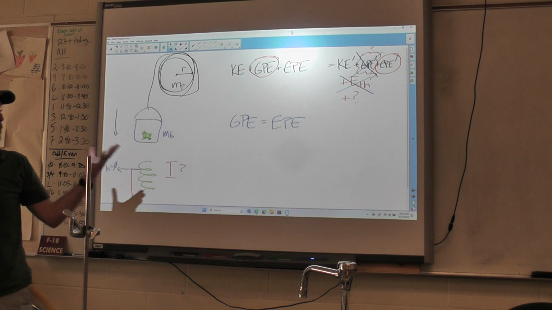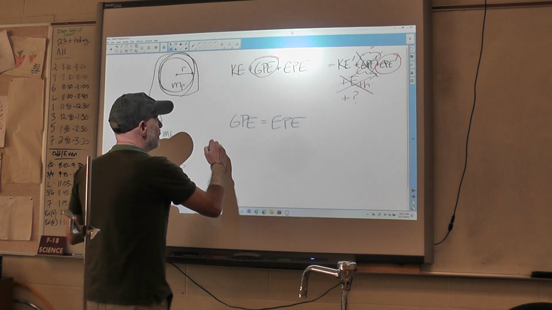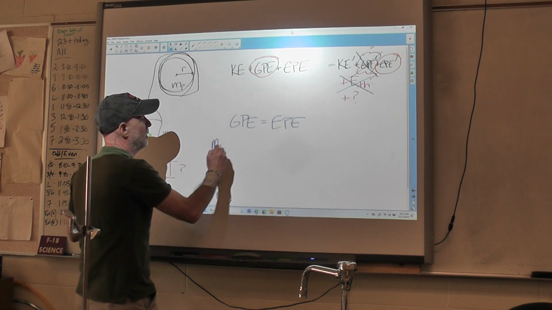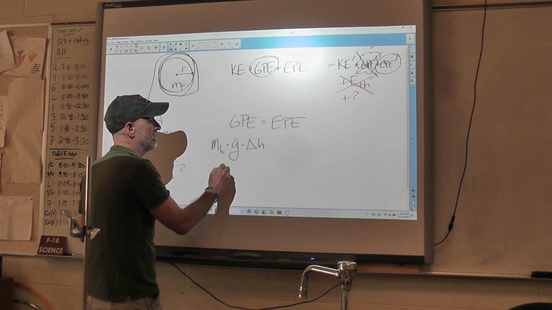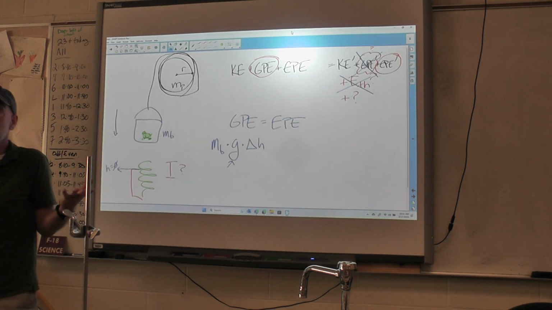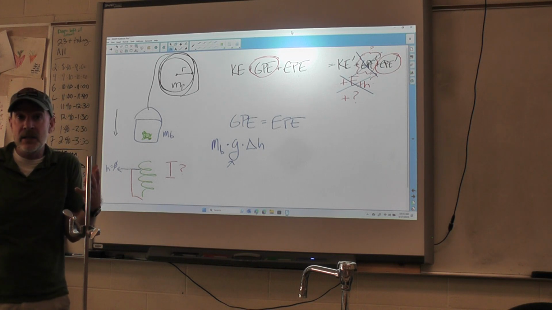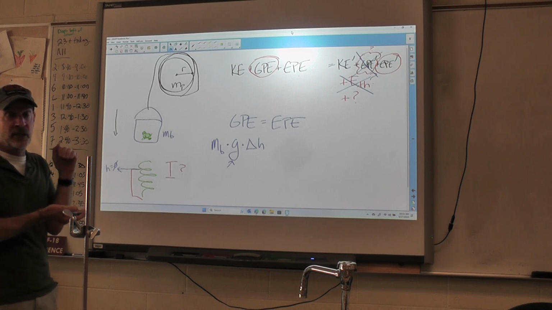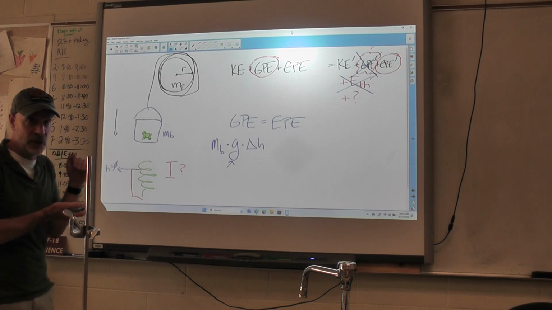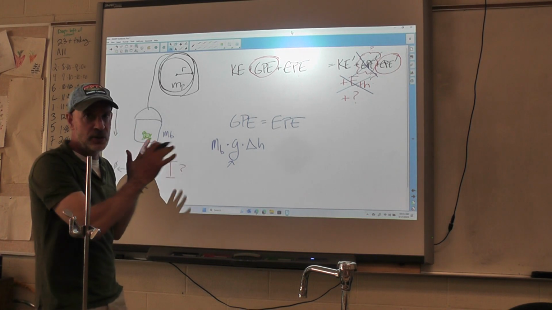What do we need to know for our gravitational potential energy? We need to know the change in height. We need to know the mass of the bullfrog in the bucket. And we need to know g. But it's not 9.8 meters per second squared because we're on another planet. If we know the mass and the radius of the planet, then we could figure out g for this planet, the same way that Professor Dave figured out g for Earth, and I showed you a slide that had it.